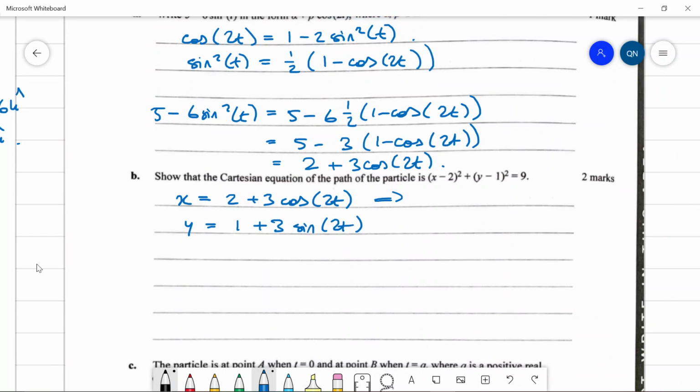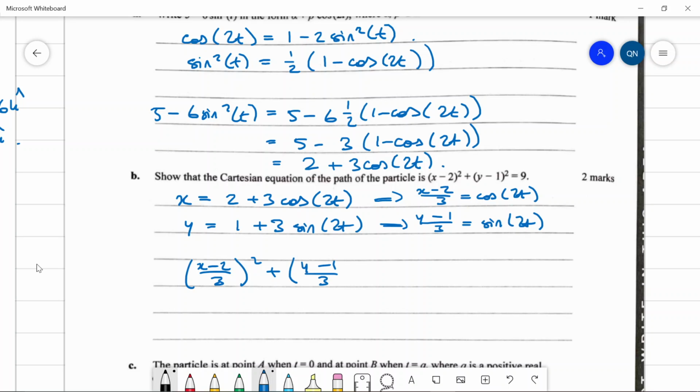So let's rearrange things. We can rewrite this equation as x minus 2 over 3 is equal to the cosine of 2t. And then y minus 1 over 3 is the sine of 2t. Squaring both of these and adding them together, we get x minus 2 over 3 squared plus y minus 1 over 3 squared is equal to 1.